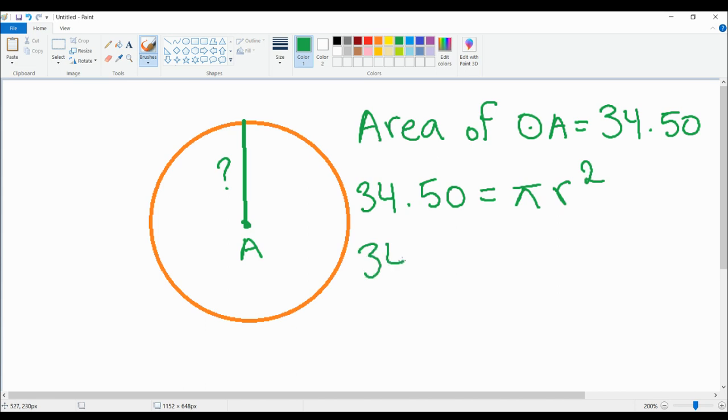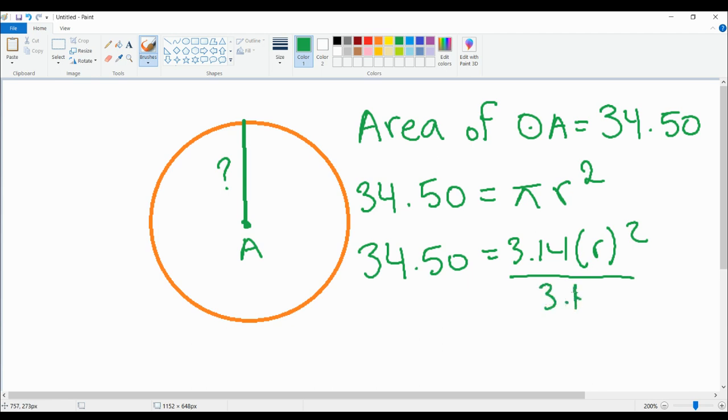So 34.50 equals 3.14 times r squared. What we can do here first is get rid of the 3.14. So we'll do 34.50 divided by 3.14. And if I'm correct, that is approximately 10.99.